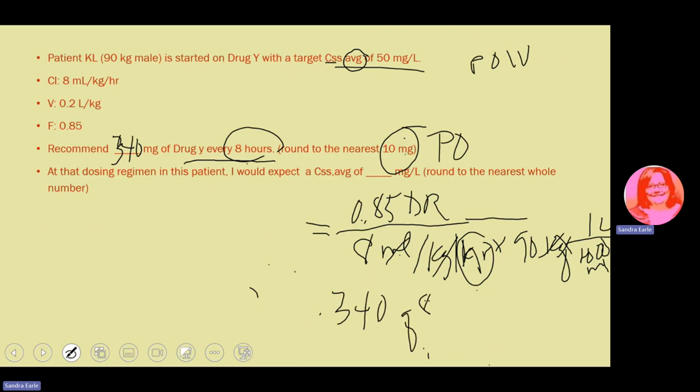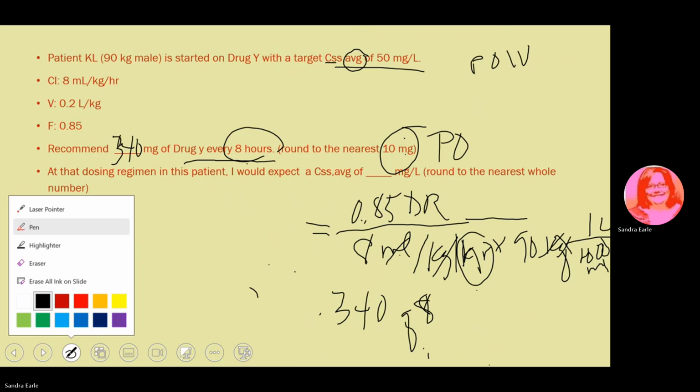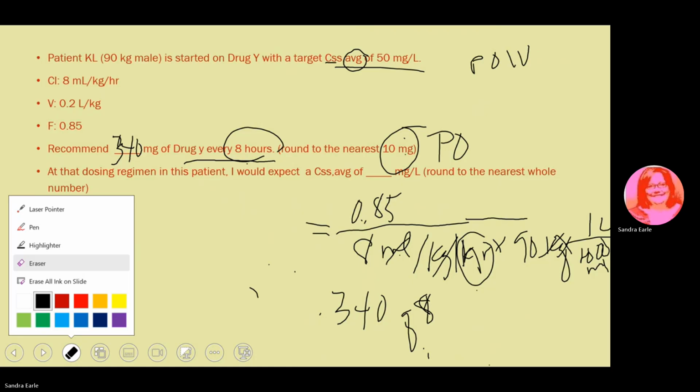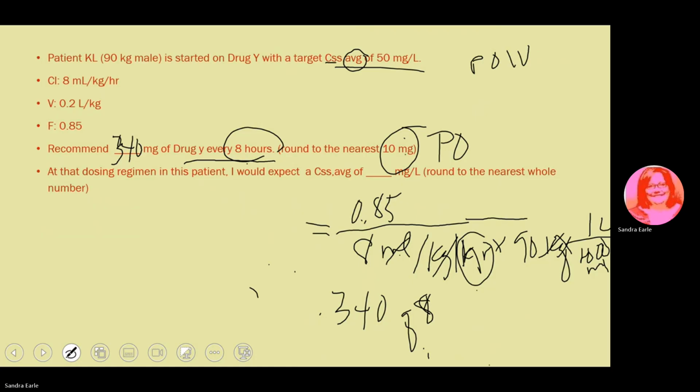So if we divide 340 divided by 8, we're going to be giving 42.5 milligrams per hour.